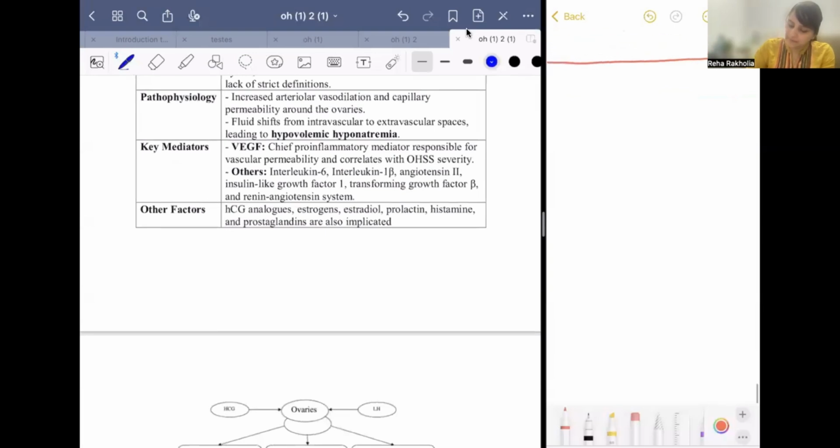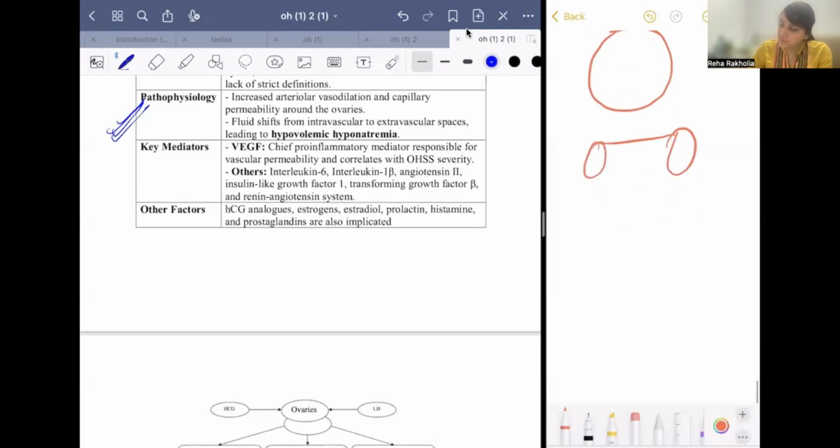What is the pathophysiology? In this condition, small vessels around the ovaries expand, a process known as arteriolar vasodilatation.